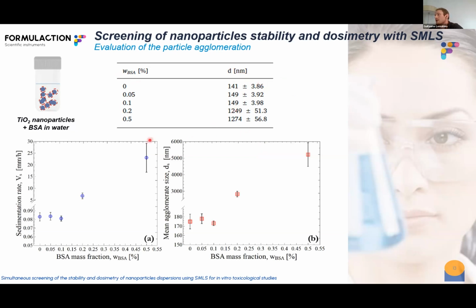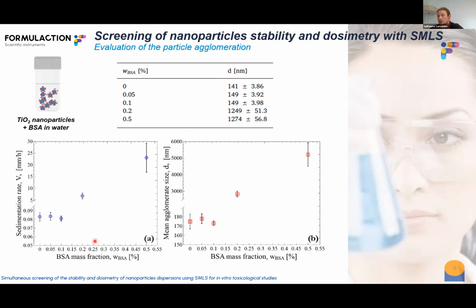And what we see clearly is that if we go up to 0.2, you will have no clear change of the initial particle size. And if we go more than 0.2 weight% of BSA in your sample, you will have an increase of the particle size from approximately 150 nanometers to approximately 1 micron.